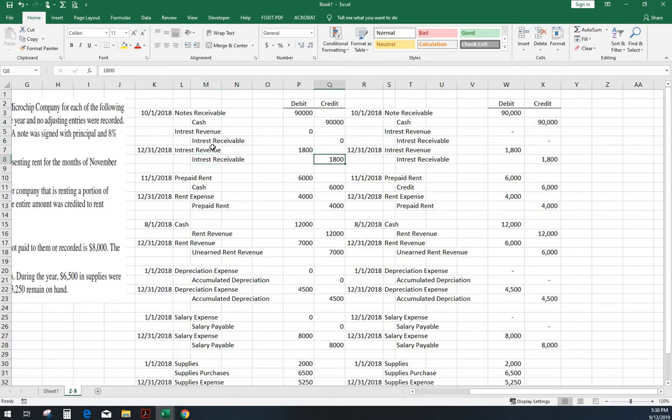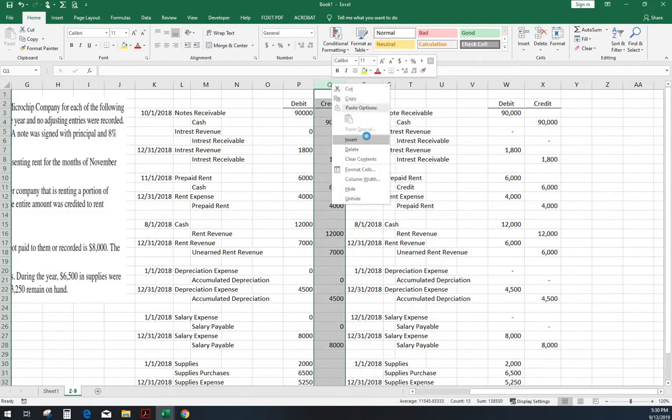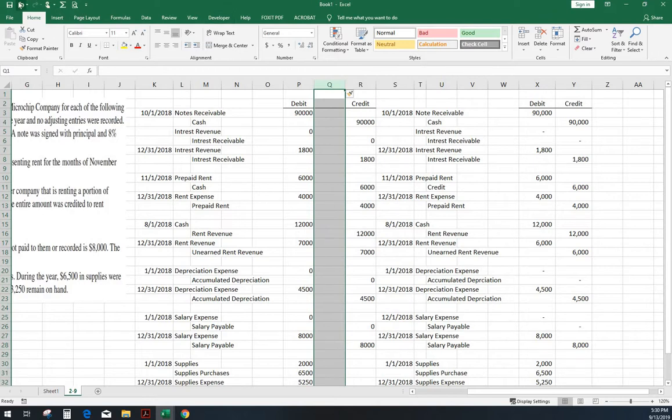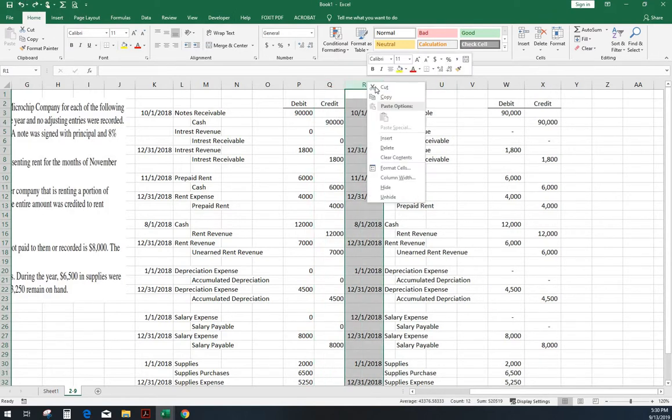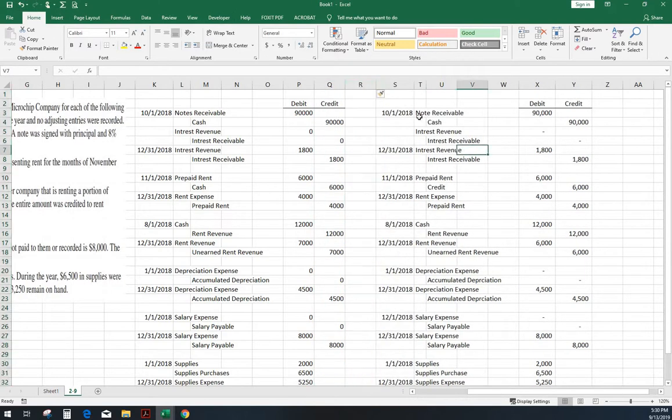So the real answers are interest revenue debit 1,800, and rent expense 4,000 with prepaid rent 4,000.